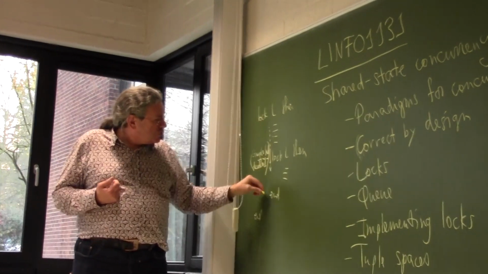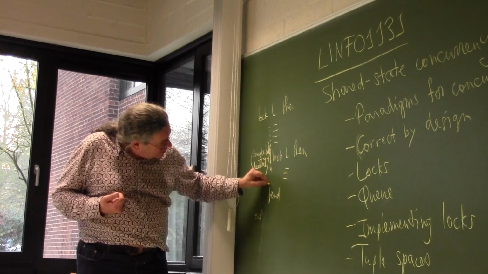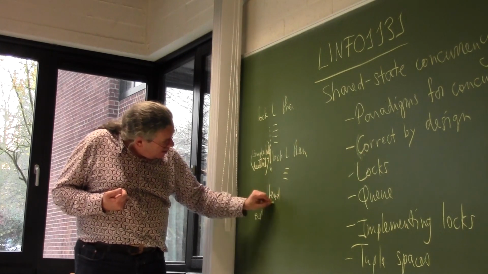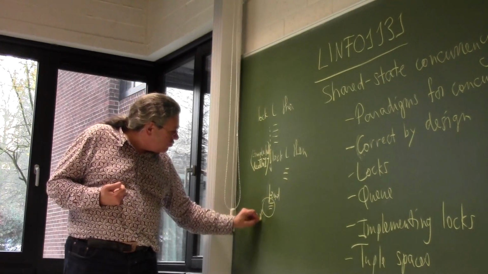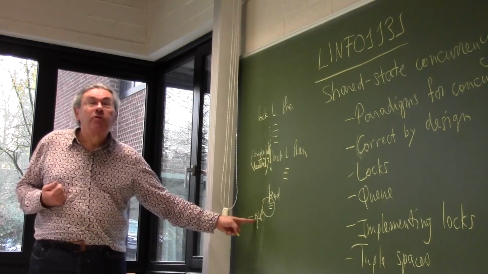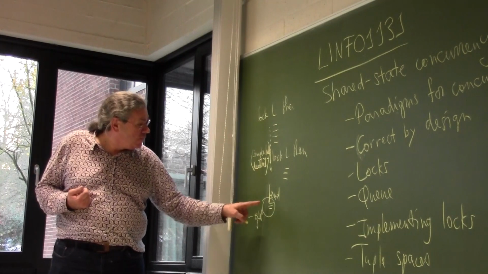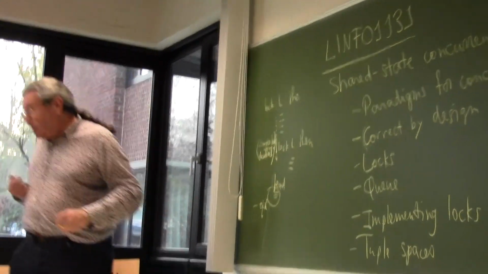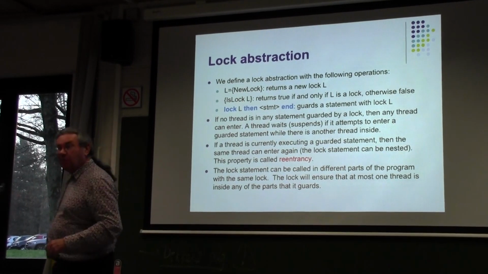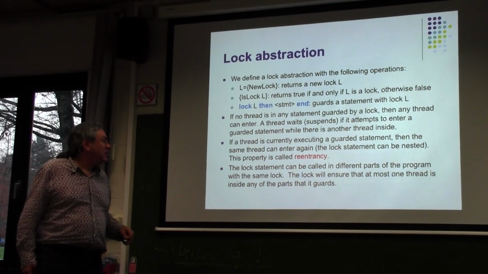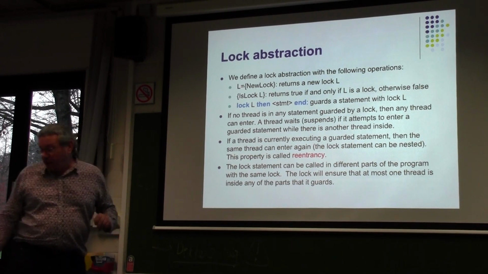Whereas a reentrant lock would just continue, and when it leaves here at the end and keeps going, it's still inside actually. It only leaves when it leaves the outermost end. Okay? So the reentrant lock is actually the right concept. Simple lock is too simple. So that's how the abstraction works.